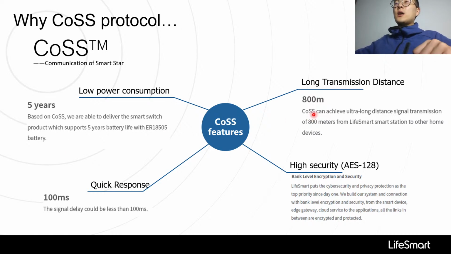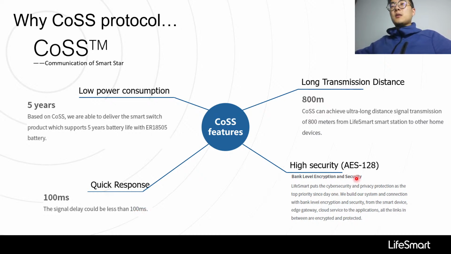And it also has a long transmission distance, which is up to 800 meters. COS can achieve ultra-long distance signal transmission of 800 meters from the LifeSmart station to other home devices. The second feature is the long transmission distance. And the third is quick response. The signal delay could be less than 100 milliseconds.